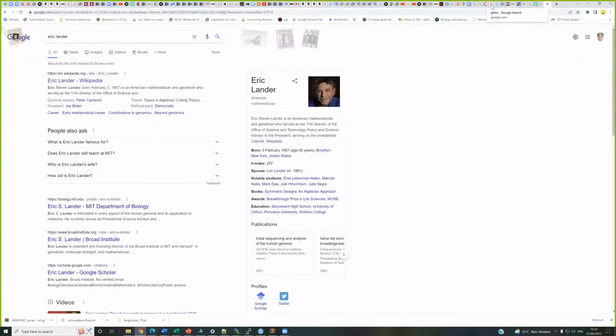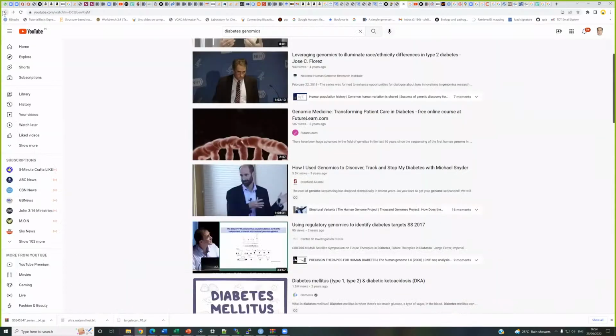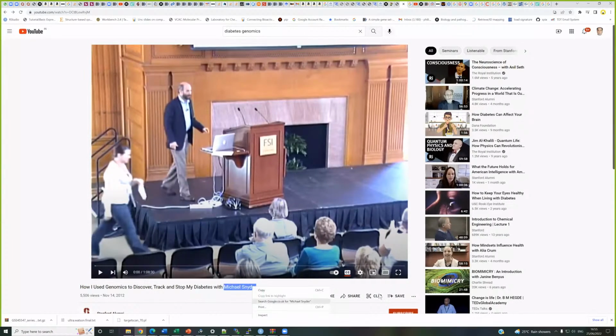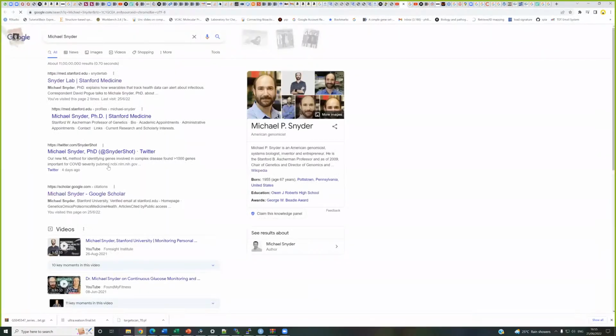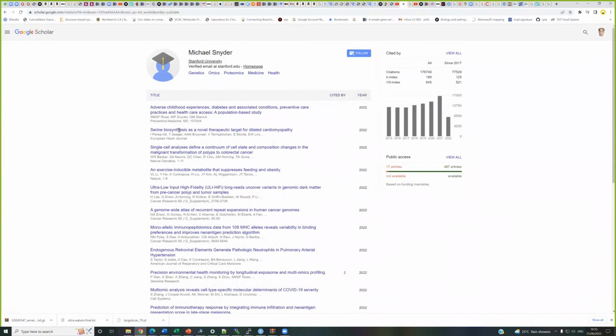Even the person I opened here, his name is Snyder, he's a Stanford biologist, but if you open any one of his papers, you will only see data analysis now, because the field is like that.